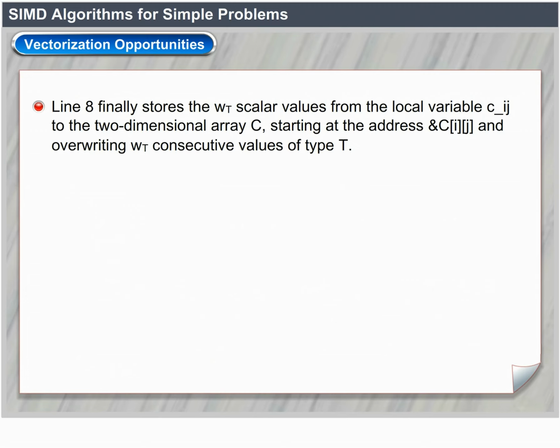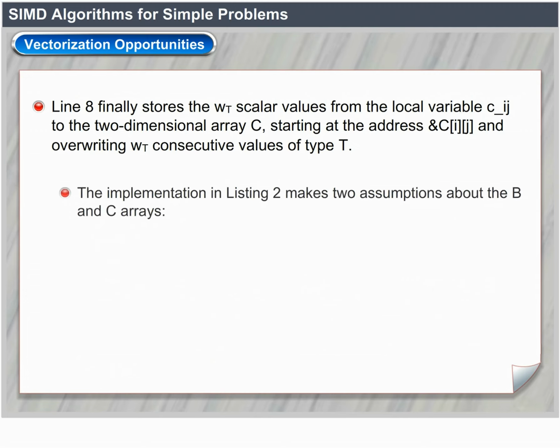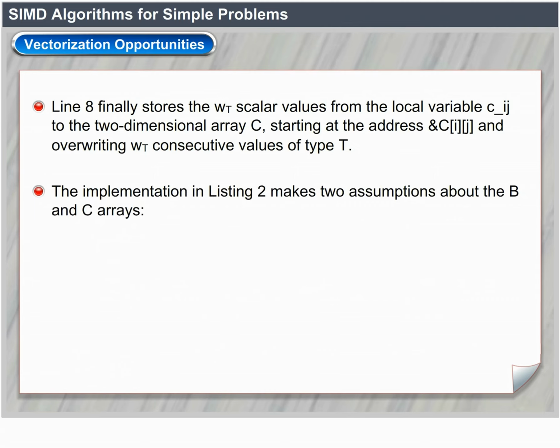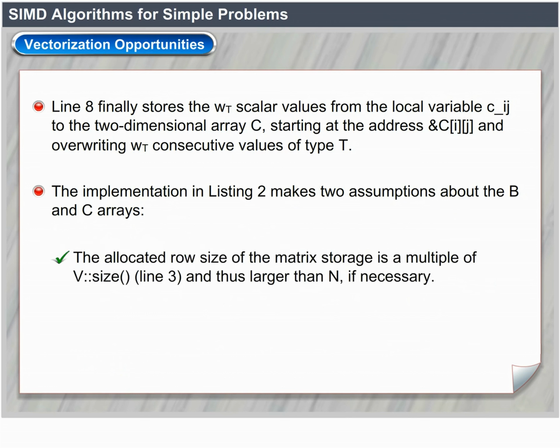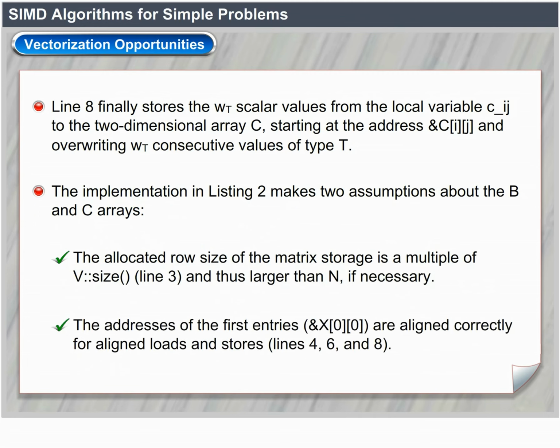The implementation in listing 2 makes two assumptions about the B and C arrays. The allocated row size of the matrix storage is a multiple of Vsize, method line 3, and thus larger than n if necessary. The addresses of the first entries &x00 are aligned correctly for aligned loads and stores, lines 4, 6 and 8.